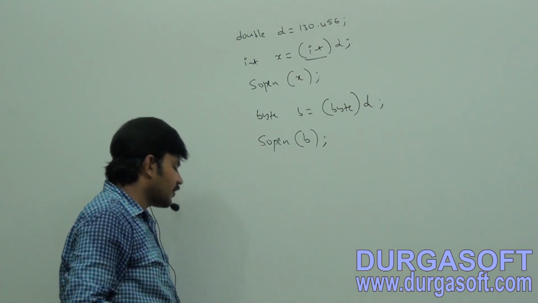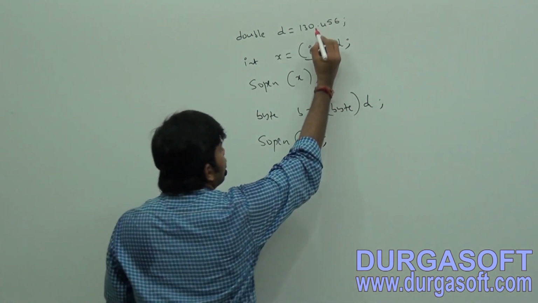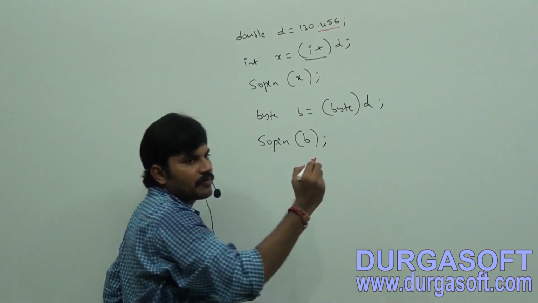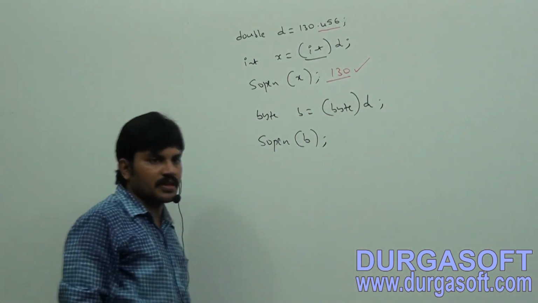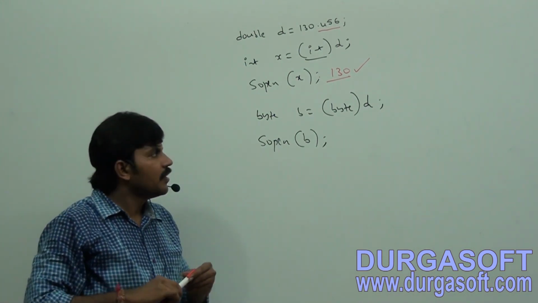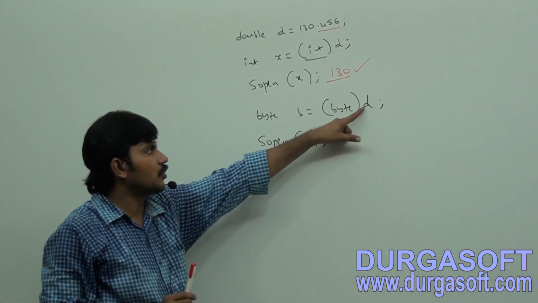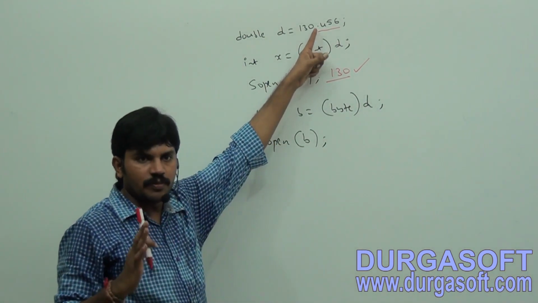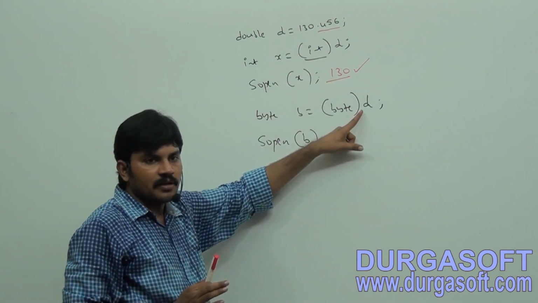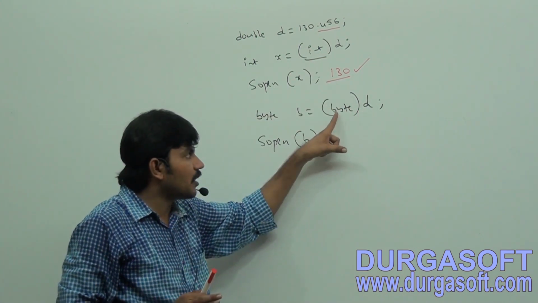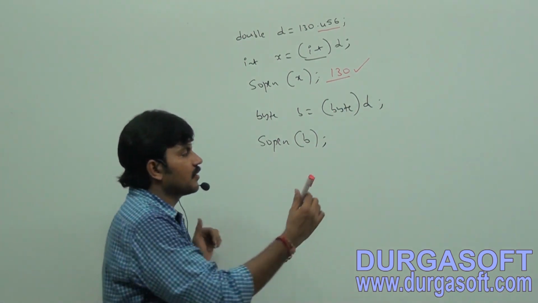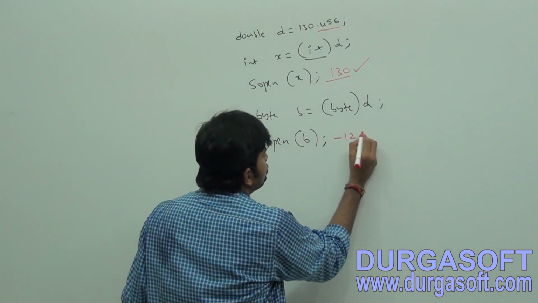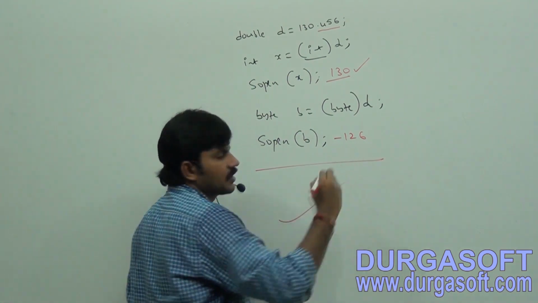So SOP of x, what is the answer we are going to get? 130 by default. Similarly, here also 0.456 will be gone. 130 will be there, but 130 you can't place inside byte. That's why once again typecasting. Now what is the answer? Minus 126. Clear for you, right?